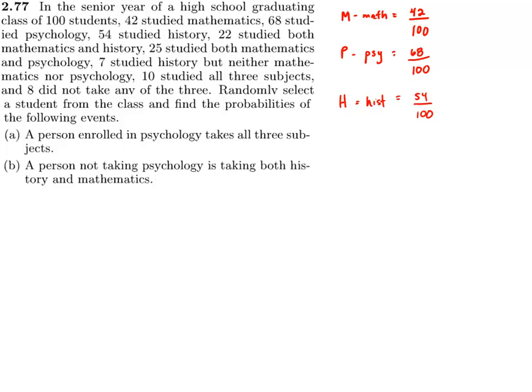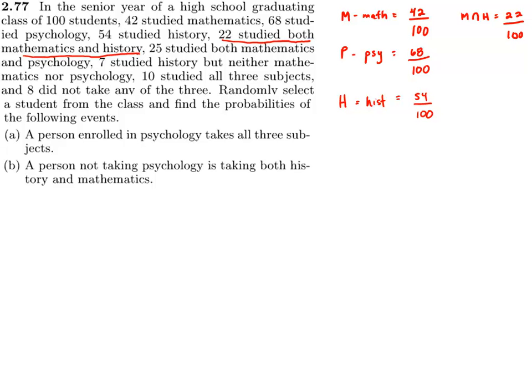So for instance, this information here: 22 study both mathematics and history. So that is an intersection of events. So you can have math intersection history, that is 22 over 100.